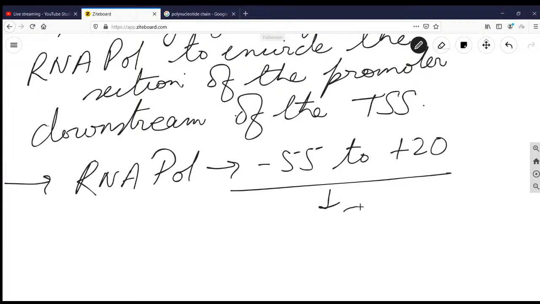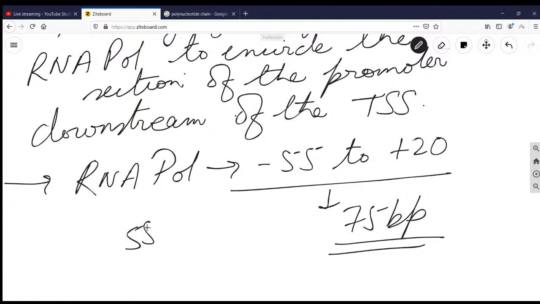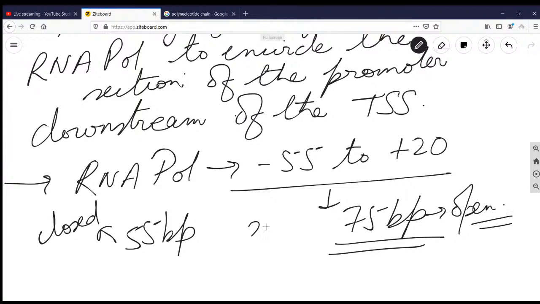Total is how many? 75 base pairs. So compared to 55 base pairs bound during the closed complex, 75 base pairs are bound in the open complex, an increase of 20 base pairs. That is why scrunching is done, so that more of the bases can be bound after the denaturation. That is the open complex.